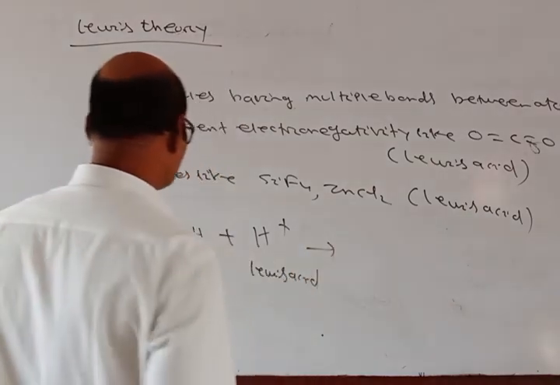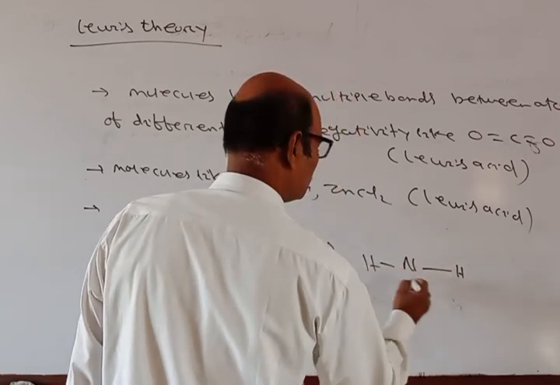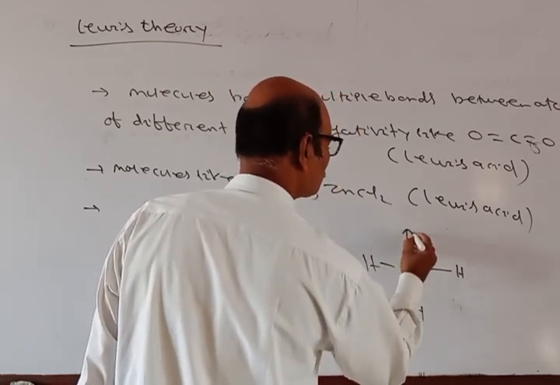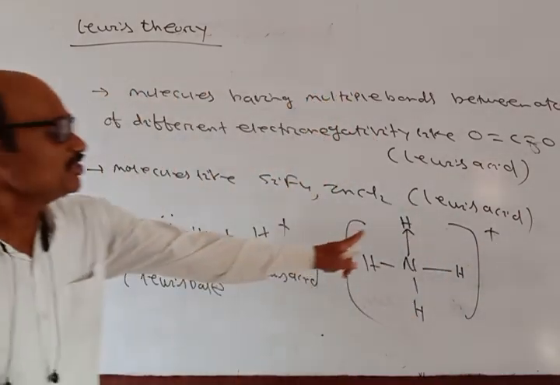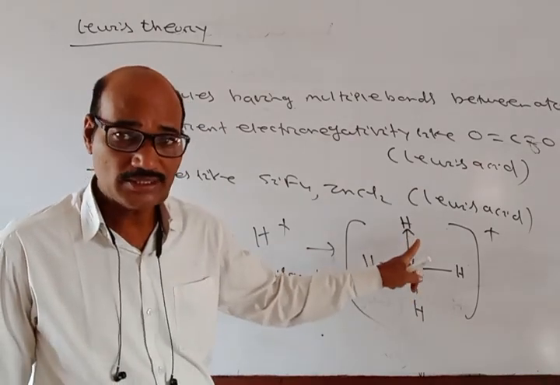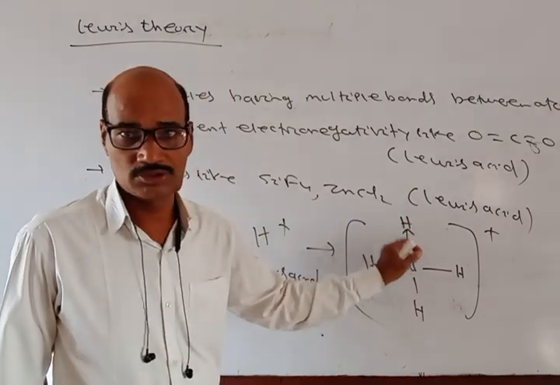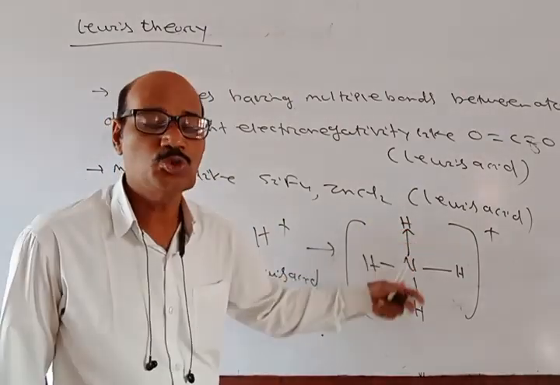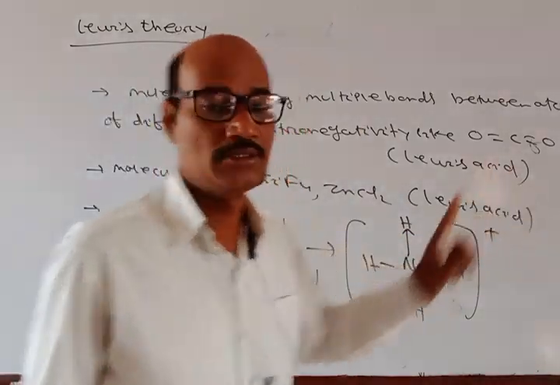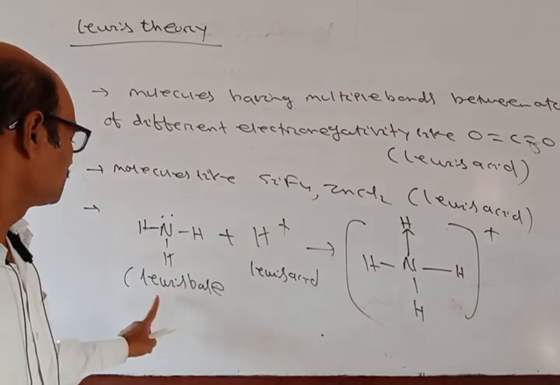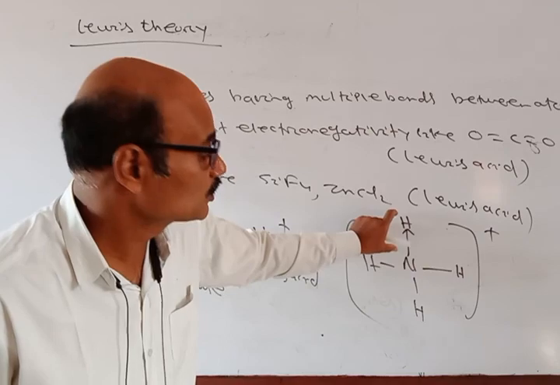So you can say here N with H H H and H+. So this is called a coordinate bond. The acid and base are forming a coordinate bond. The Lewis acid and Lewis base undergo neutralization by forming the coordinate bond. NH3 plus H+ gives NH4+. Here it is the coordinate bond.